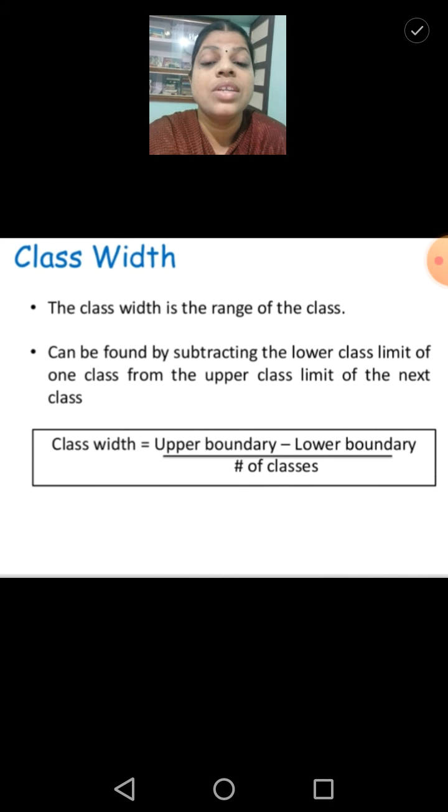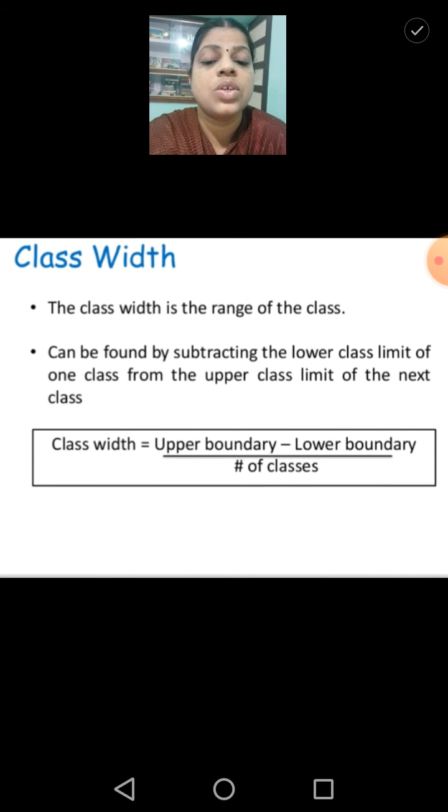So children, so far we have explained how to form a frequency distribution table using a three-column table, and how to form the tally marks.